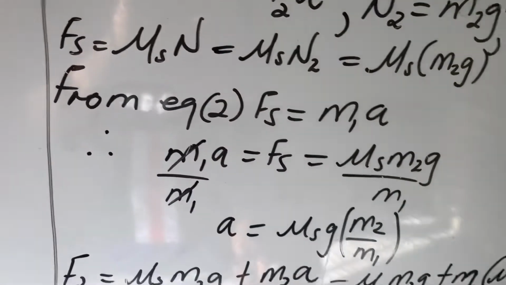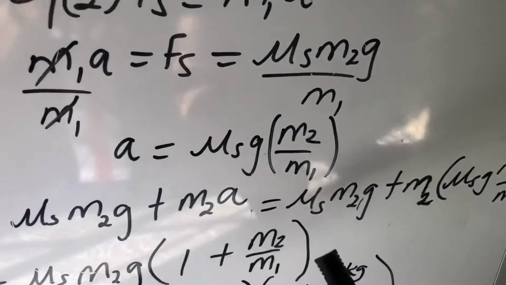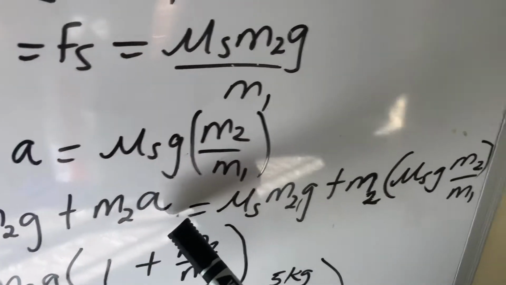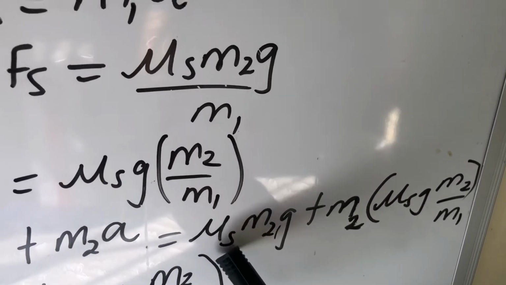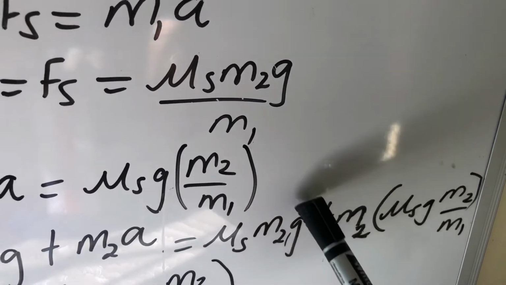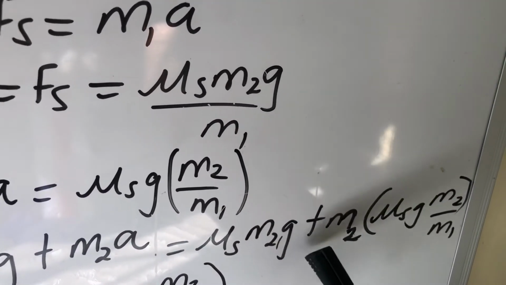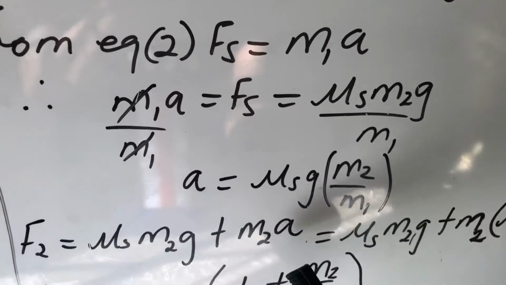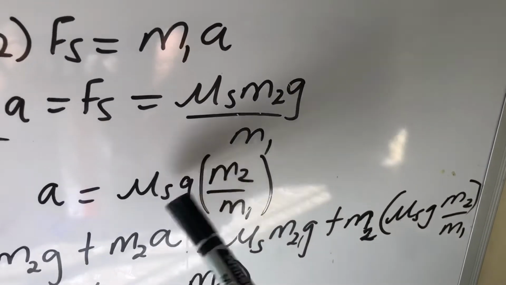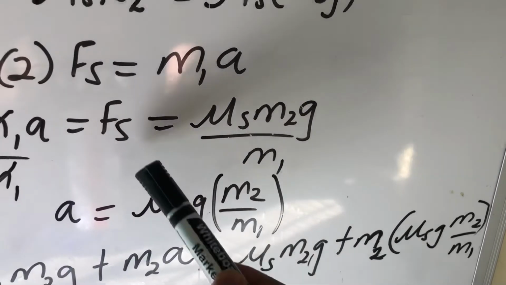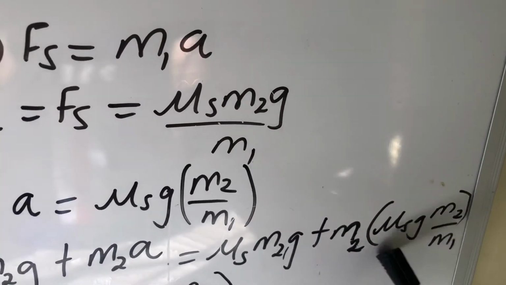If we expand this further, F2 is going to be equal to mu s M2G, which is the value of Fs, plus M2, but in place of A, since we agreed our A value is going to be this, I had to substitute it in place of A.